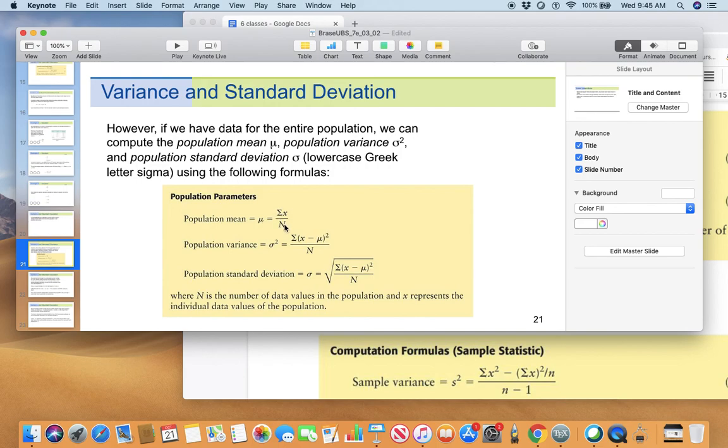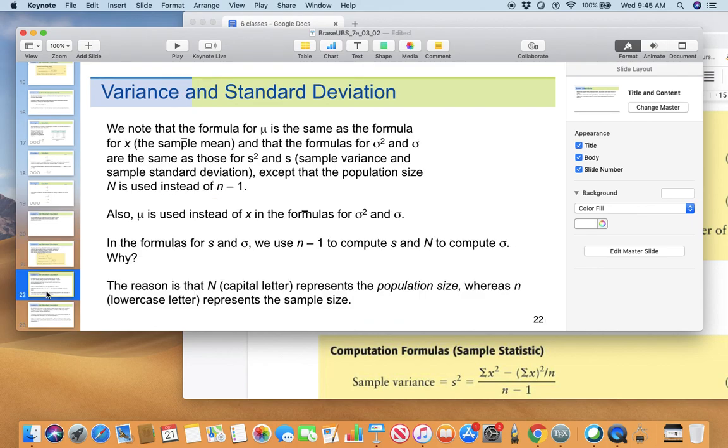You add all the x's, divide by n. Variance, here you see it is capital N. It is not n minus 1 as for a sample. For a sample, you have n minus 1. For a population, you simply have the n. That's the only difference. That's your variance, and standard deviation is square root of the variance.